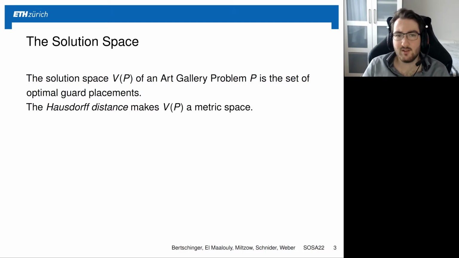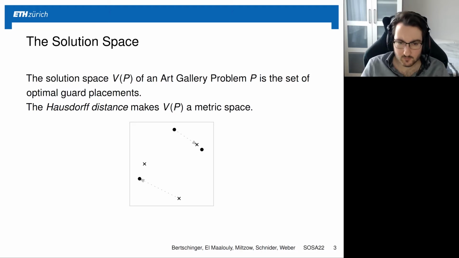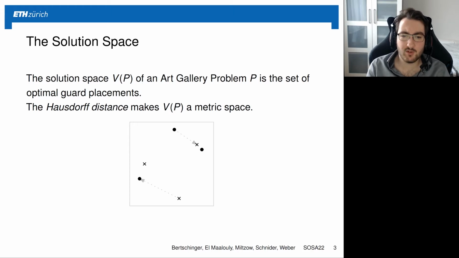And the Hausdorff distance is just a very classical way to compare two unlabeled sets of points in the plane, or in any dimension, actually. Intuitively, it is the maximum over all points of two point sets, where for each point, we take the minimum distance to a point in the other set.